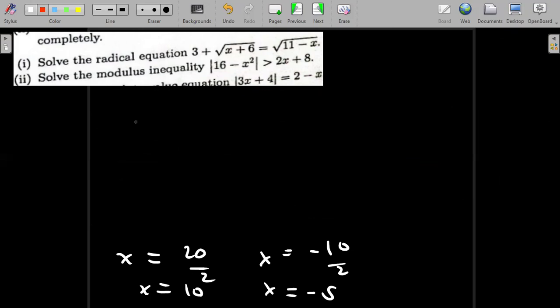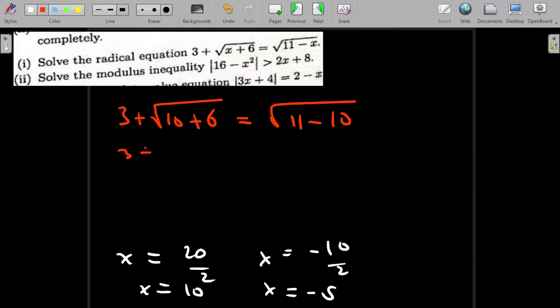So let's test the values. So we have 3 here plus, we start with 10. So that will be 10 plus 6, and this is going to be 11 minus our 10 there. So here we will have 3 plus, this will be root 16 is equal to, I have my 10 minus 11 gives me 1.